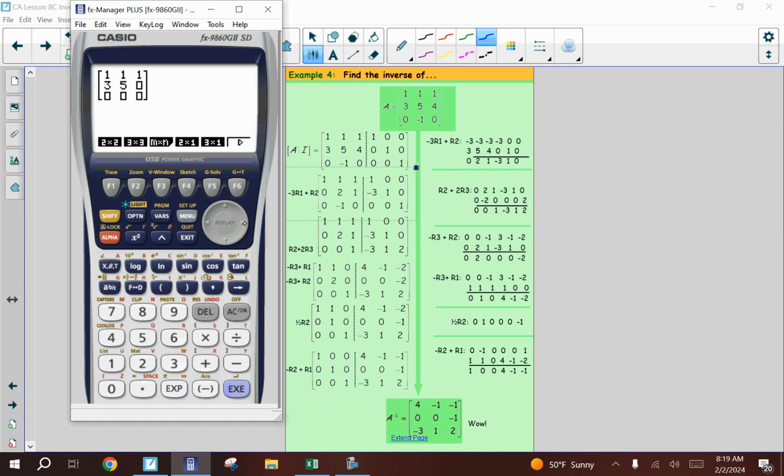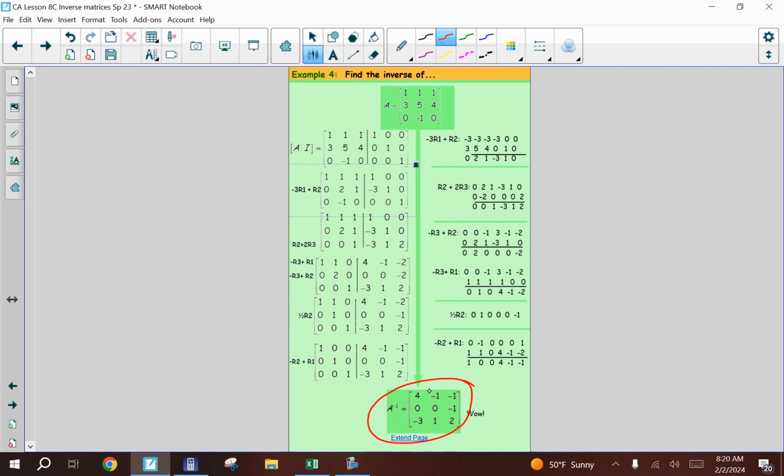And then we would put 4. And then it's 0, -1, and 0. So we go outside of the matrix, and we use the caret key right next to the x² button, and we just put it to the negative first power, and bam, you'll notice it gives us the same exact answer as we have right here.